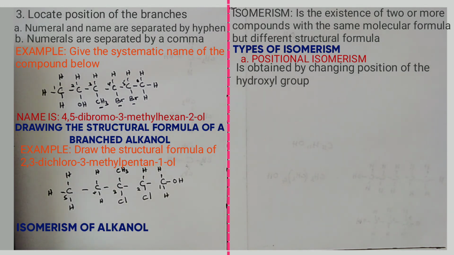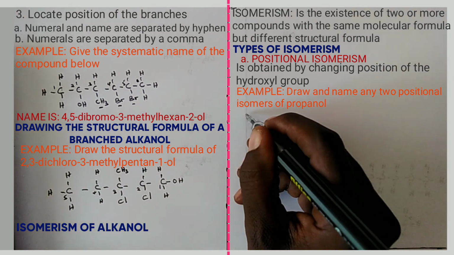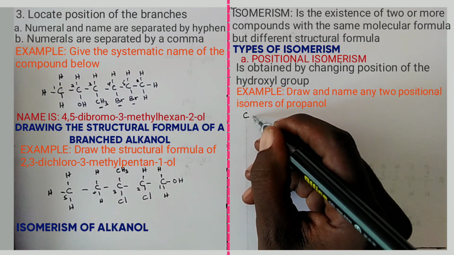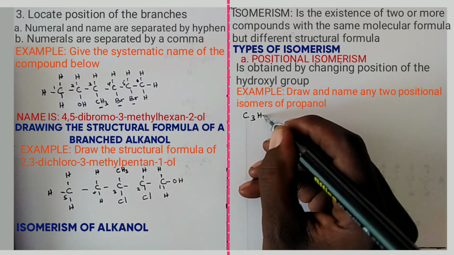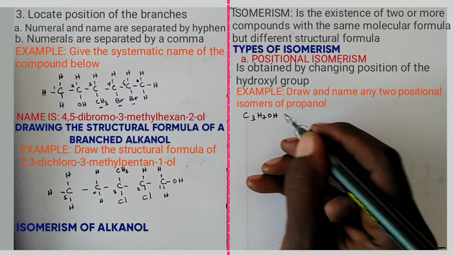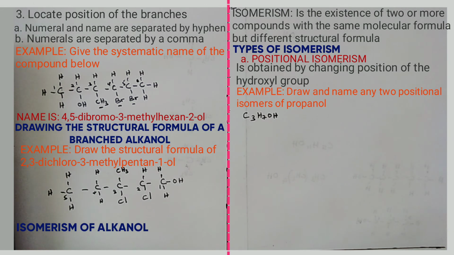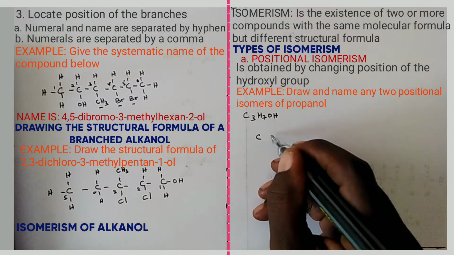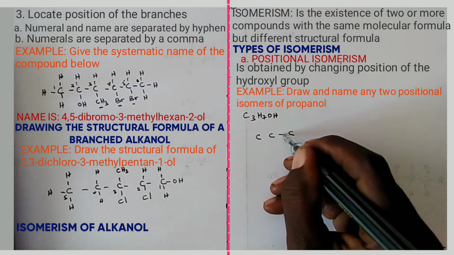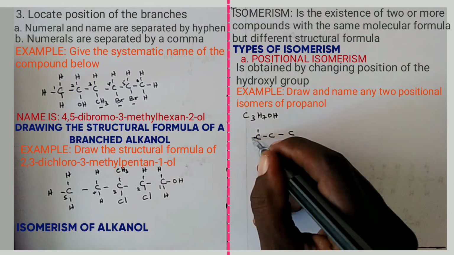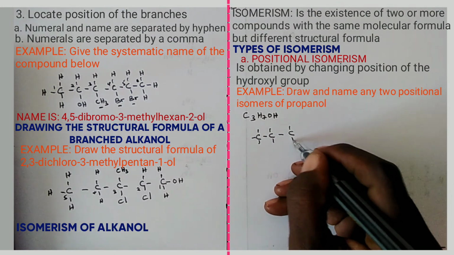A, positional isomerism. This one is obtained by changing the position of the hydroxyl group. For example, I'm told to draw and name any 2 positional isomers of propanol. Propanol, the molecular formula is C3H7OH. So to draw the 2 isomers, I draw the 3 carbon atoms, 1, 2, 3, join with single bonds, each carbon to have 4 bonds.